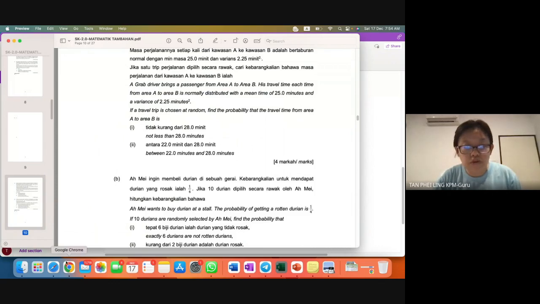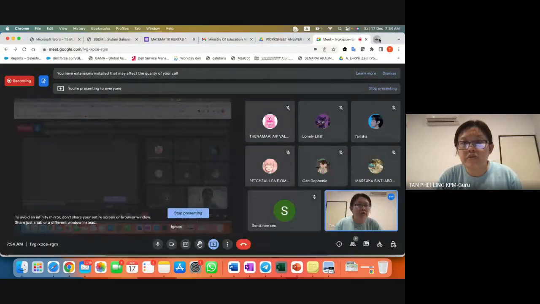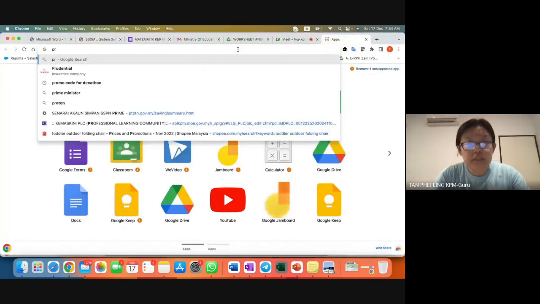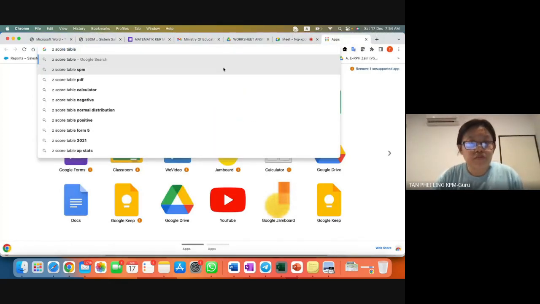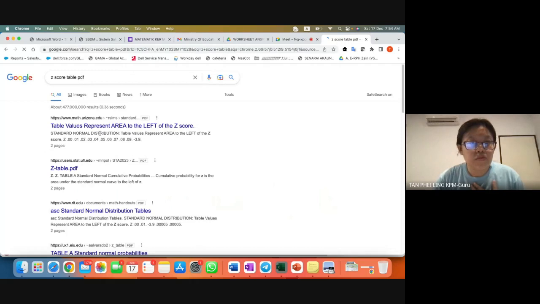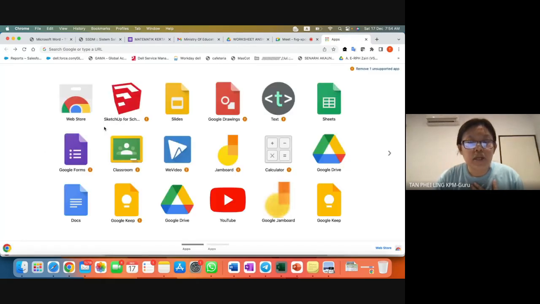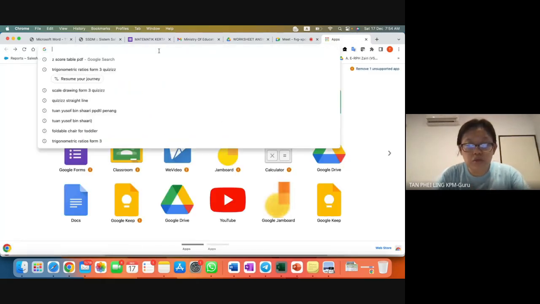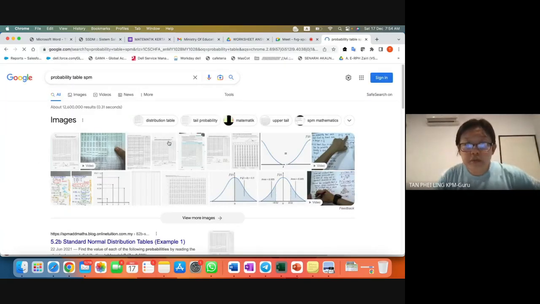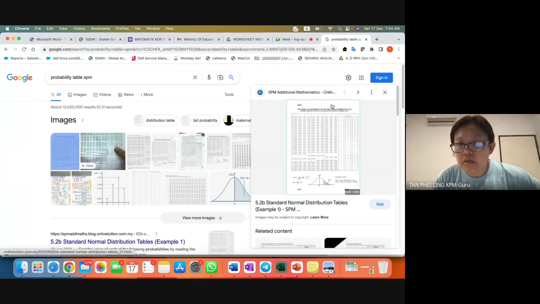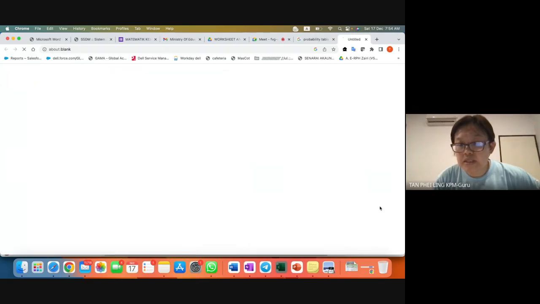Okay, let me Google for a while. I didn't have it here with me. Z score table. You better be careful when you Google the probability table. You better choose the one with SPM, because in the SPM one, the area is bigger than one. Okay, let me see whether I can visit this one.